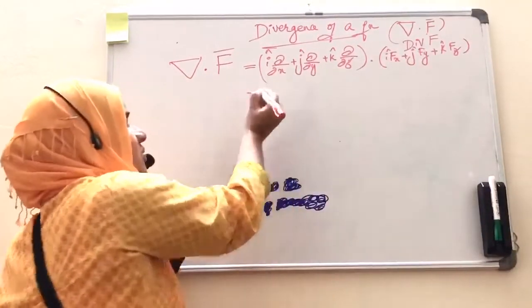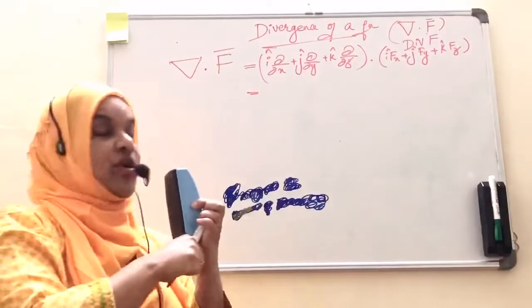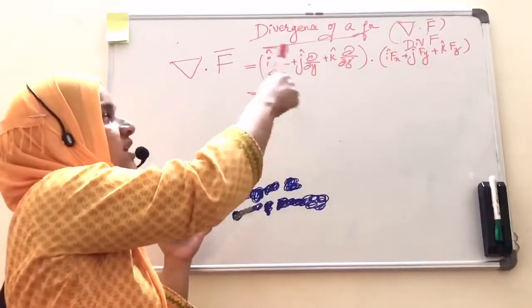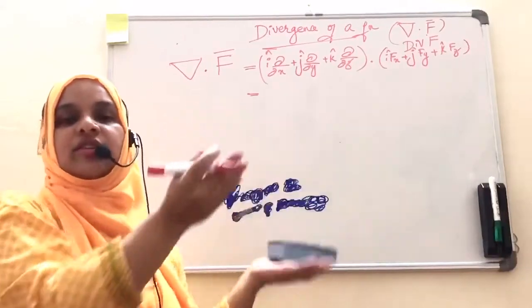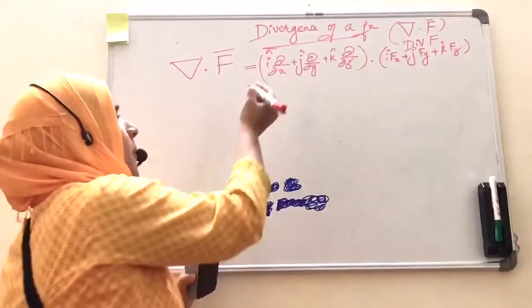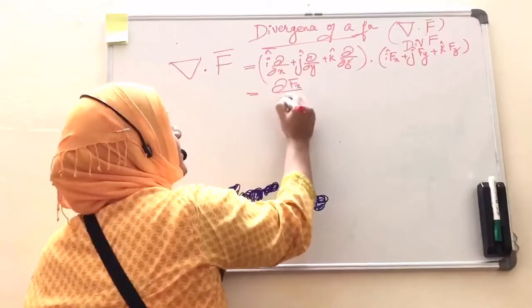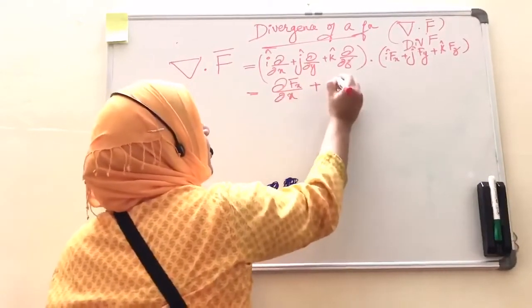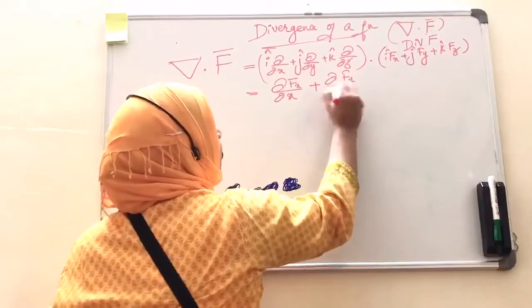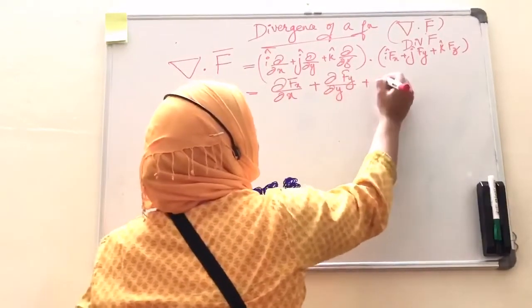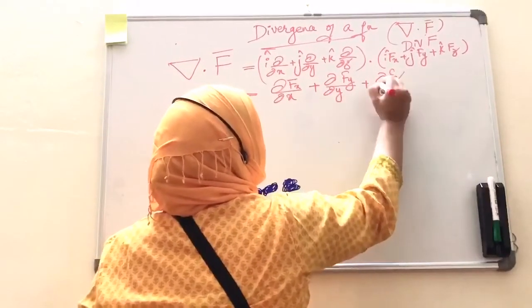The resultant will be, you know how to take a dot product, i dot i, j dot j and k dot k terms remain and all the other terms vanish. So i dot i, that is ∂fx/∂x plus ∂fy/∂y plus ∂fz/∂z.